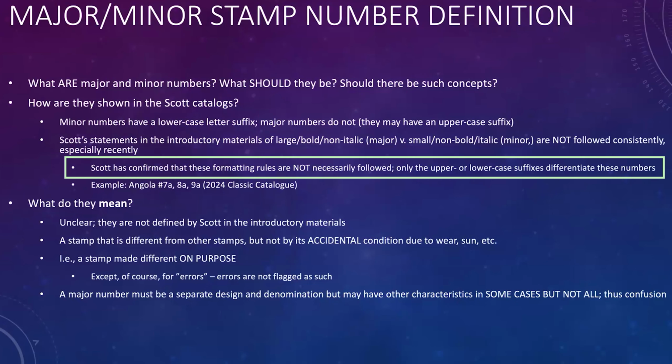And I made several dozen pages putting in these new stamps, thinking that that's the way it works. But finally, I talked to the Scott catalog people, and they said, oh, no. If it's got a lowercase suffix, it's a minor number. It doesn't matter what the font is. And as far as I know, they have not changed the introductory materials to reflect that fact.